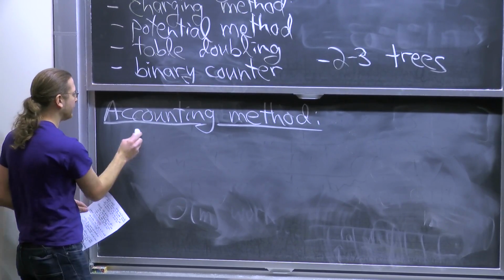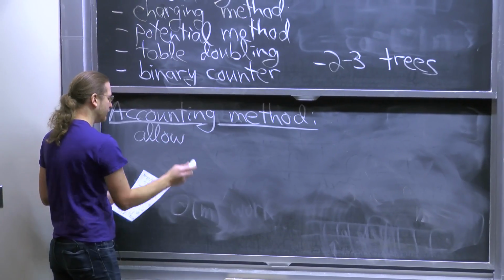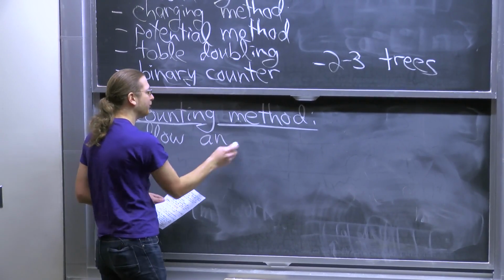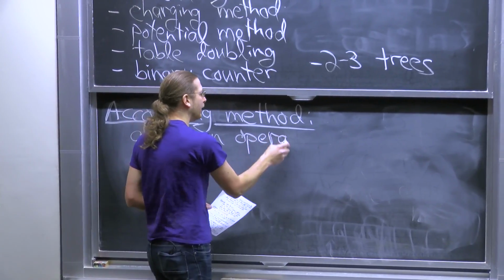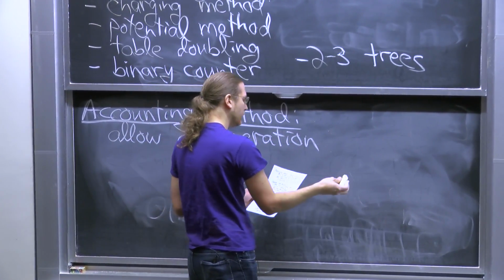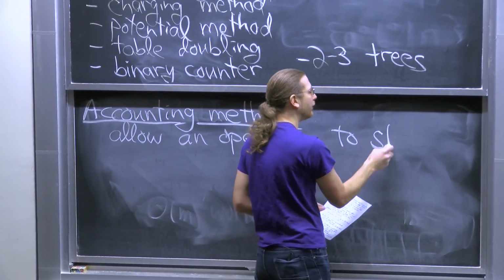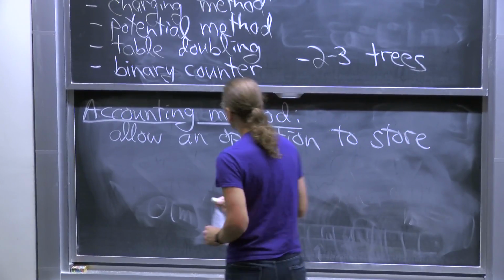So with the accounting method, what we're going to do is define a bank account, and an operation can store credit in that bank account.